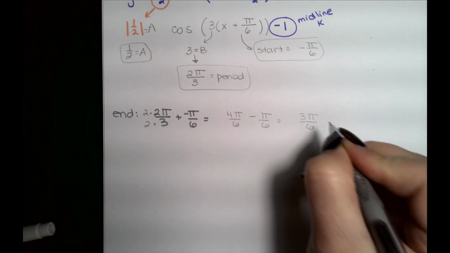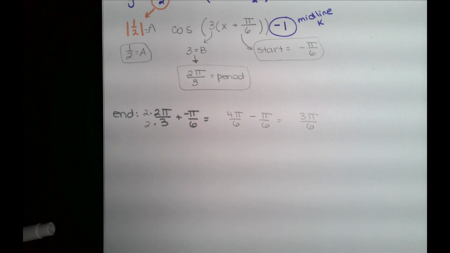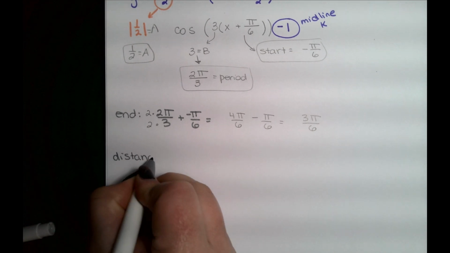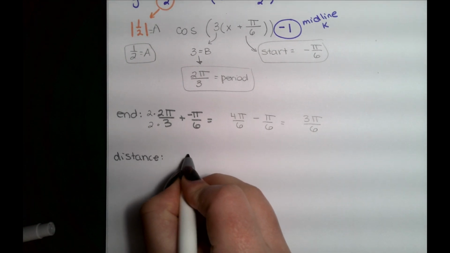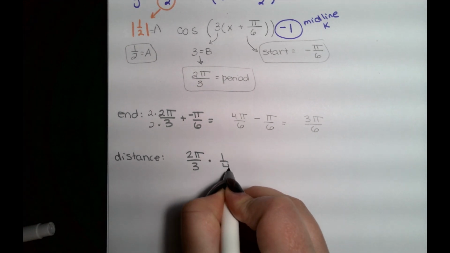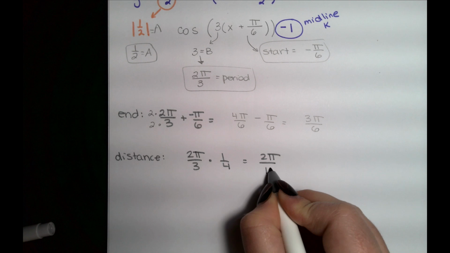Yes, I get to simplify that, but I'm going to wait to simplify that to see if I need common denominators at the end. Next, I need my distance. Distance I have is my period of 2 pi thirds times 1/4. It's always 1/4. 2 pi twelfths.